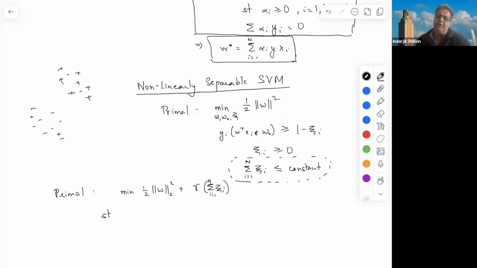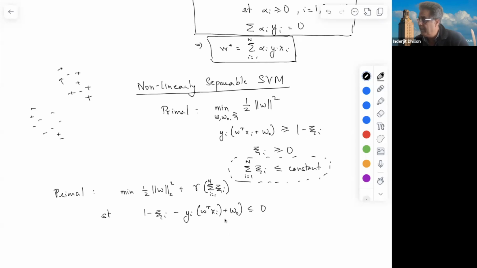The only reason we do it is so that the dual variables for these inequality constraints are going to be greater than or equal to 0 in the Lagrangian. So I'll say 1 minus psi i minus yi (w transpose xi plus w naught) is less than or equal to 0. I've just rewritten this as a less than or equal to.